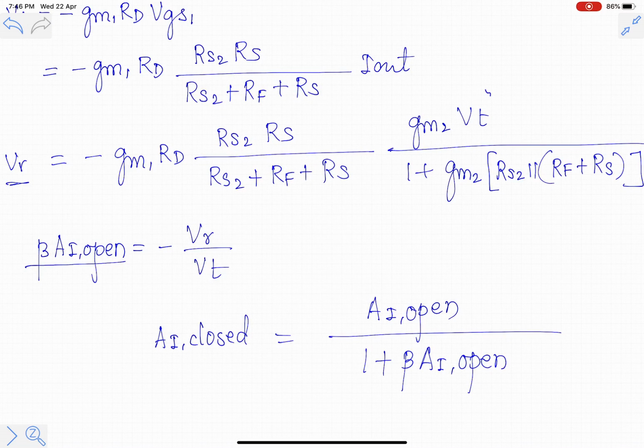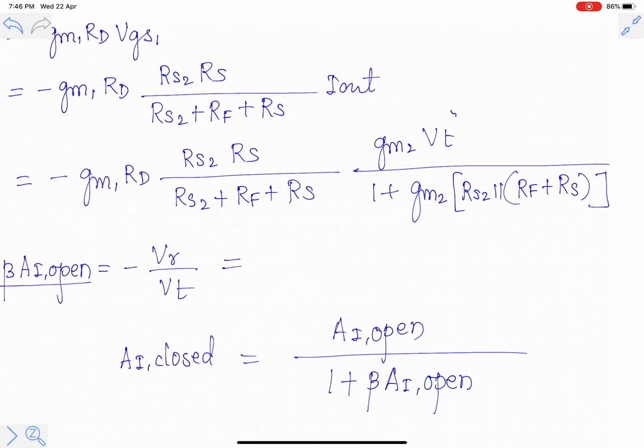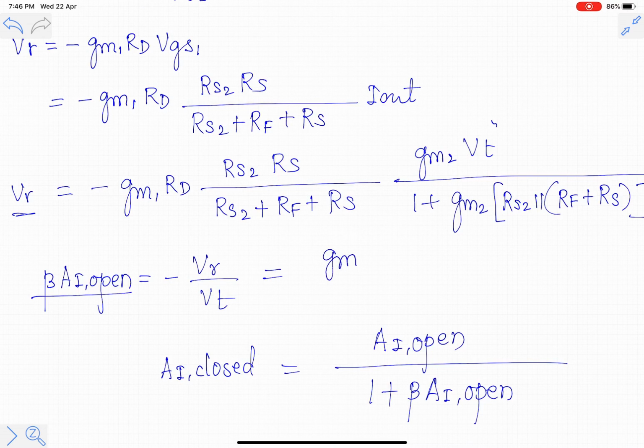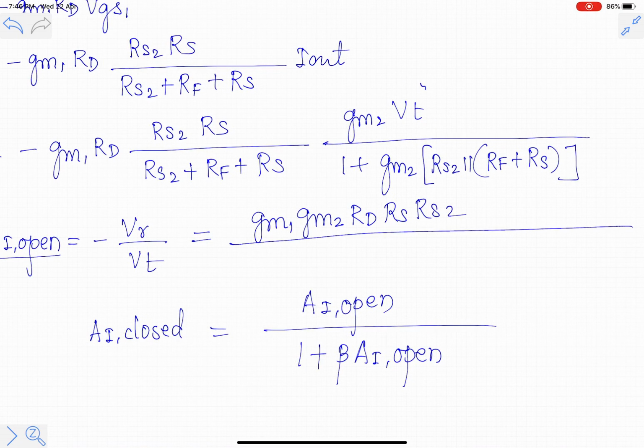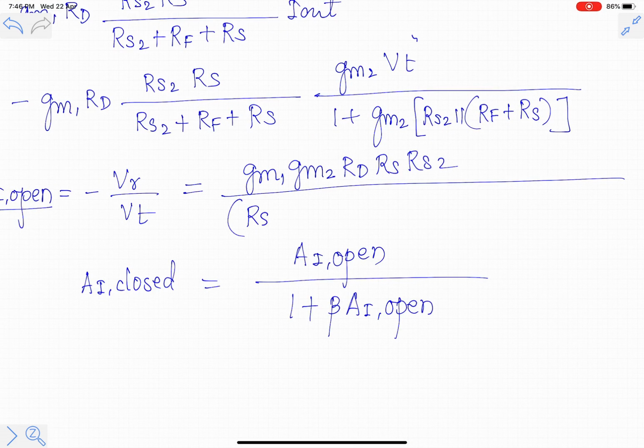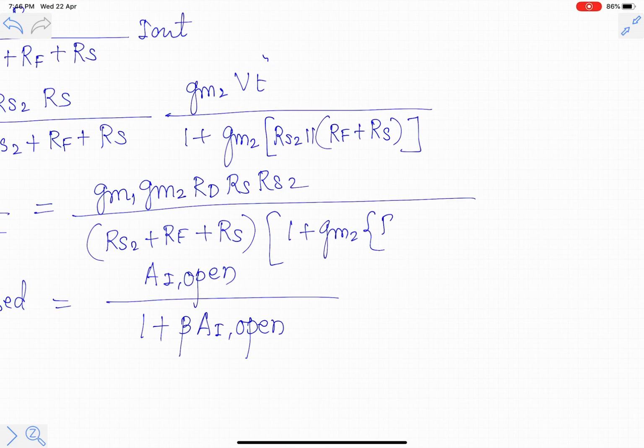So beta into AI open is the expression, which I will write here: GM1 GM2 into RD into RS into RS2 divided by RS2 plus RF plus RS, into 1 plus GM2 into RS2 parallel RF plus RS.